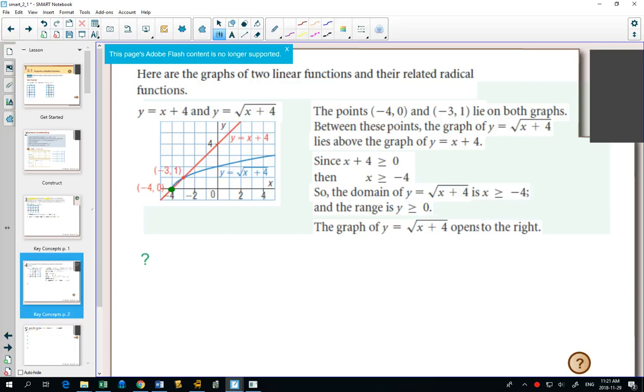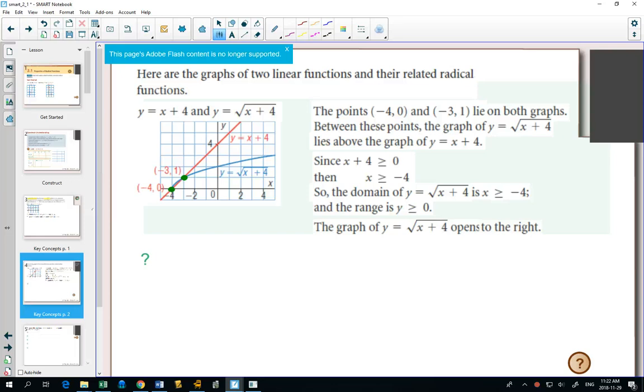So another thing you would notice is on your red graph, you have the point -3, 1. Both of those points are also on the square root of x plus 4. So one of the strategies we're going to use for graphing square root functions is find out where the original function is equal to 0, and where the original function is equal to 1, and plot those points.